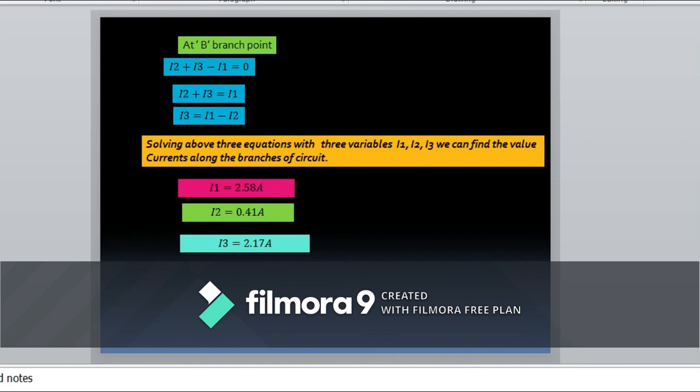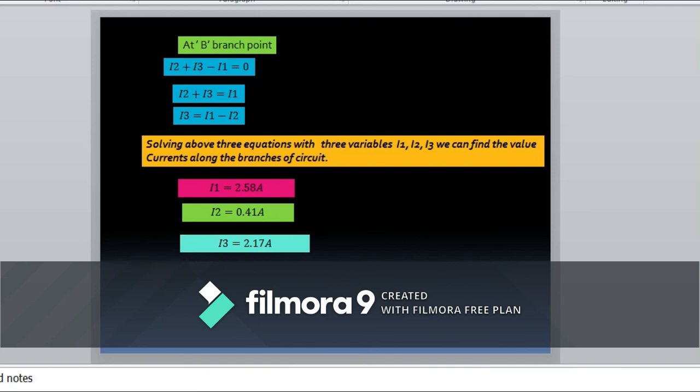Now putting the values of I1 and I2 in the last equation, we get the value of the current I3, which is 2.17 ampere. So we can solve for the current at various branches of the circuit.